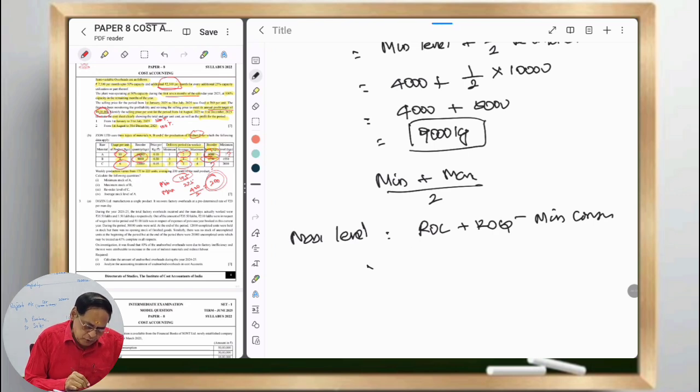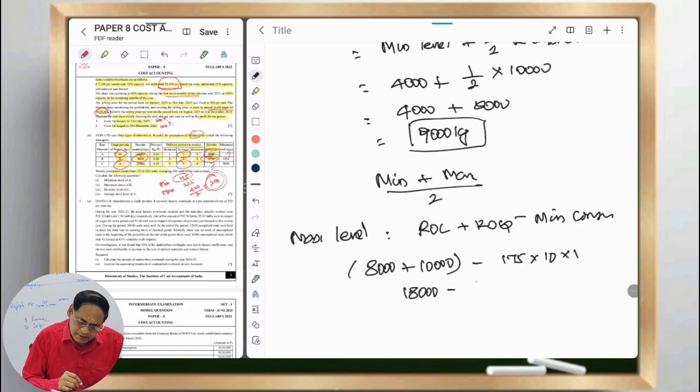So reorder level we know 8,000, and then reorder quantity, that is 10,000, minus the minimum consumption, that is 175, into how much quantity required, that is 10 kg, into minimum period is 1 week. So how much? 8,000 plus 10,000, that is 18,000 minus 1,750.